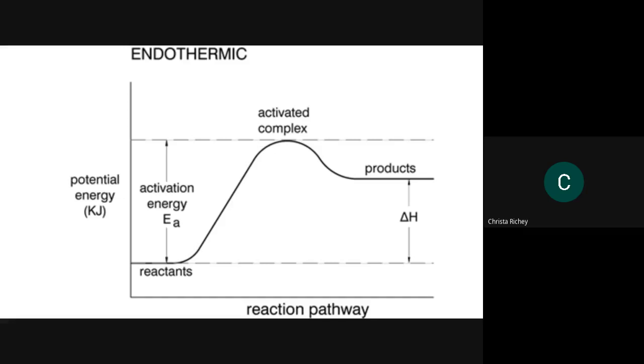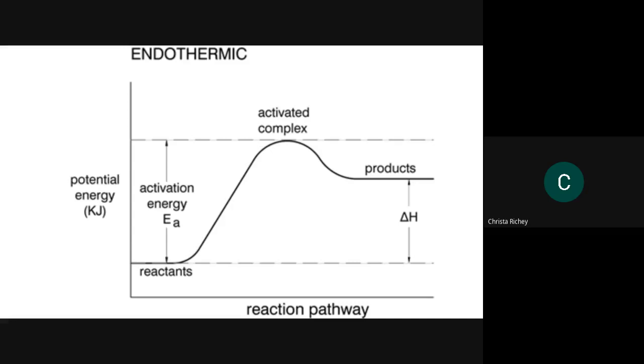It's the same thing, rinse and repeat. You either have the larger uphill climb, which is going to give you a heat of reaction that's positive, or you're going to have a larger downhill climb. Like I said, if it helps to think of it like a roller coaster, do it that way.